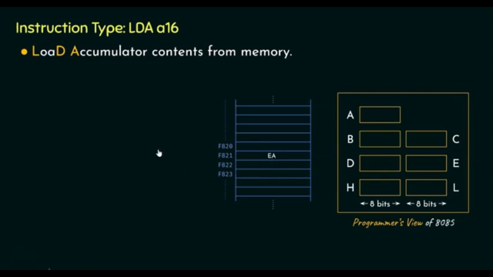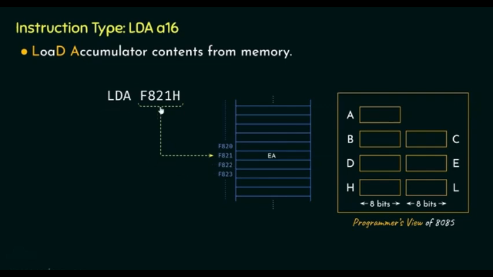Anyway, we would like to load this inside the accumulator. And for that, if we execute the instruction LDA F821, since we are sending the address directly to the microprocessor through the instruction, using this address, the microprocessor will be able to directly point to the memory location.